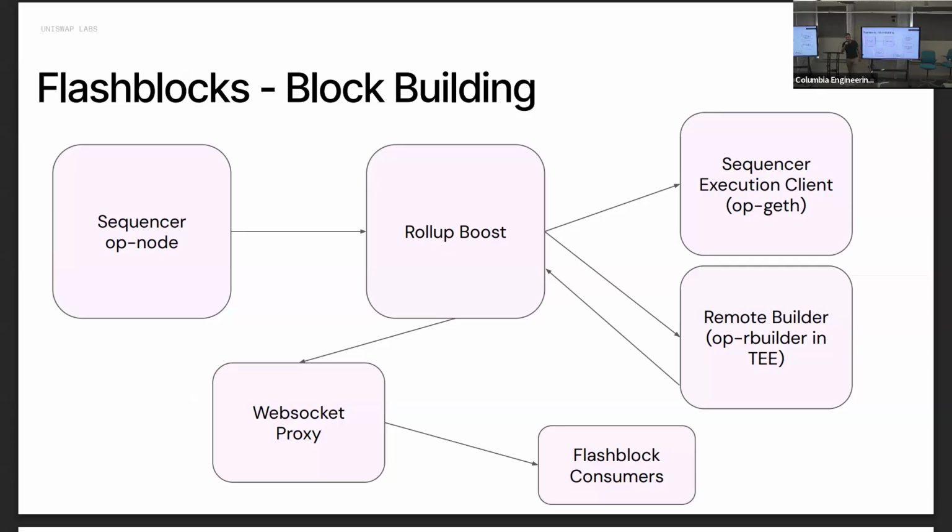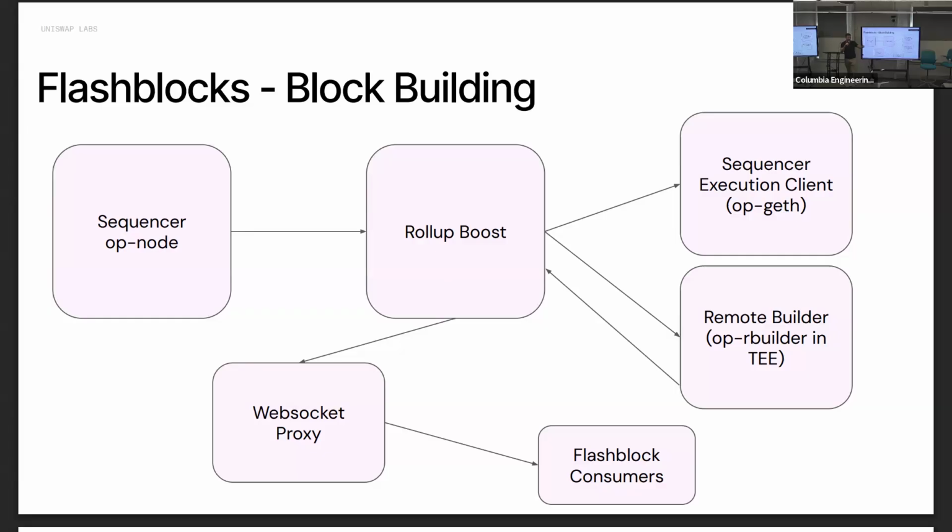The rollup boost asks those builders for a block, and the remote builder every 200 milliseconds will push back a flash block to rollup boost. Then rollup boost pushes that out to a proxy. And then as a consumer of flash blocks, you can subscribe to the flash blocks that are coming out every 200 milliseconds.